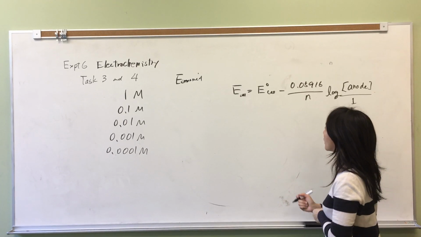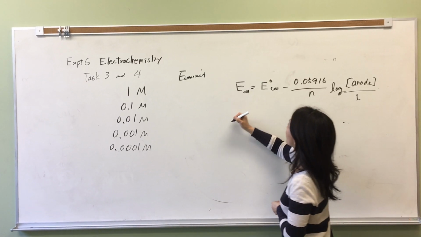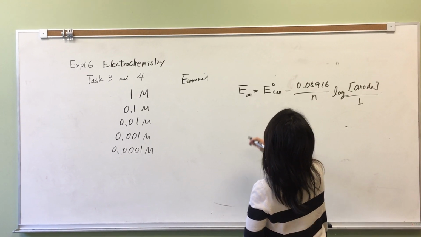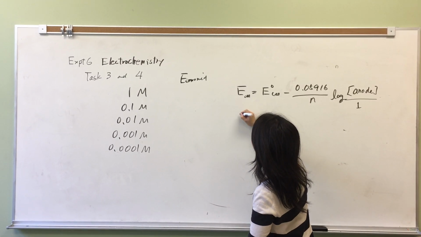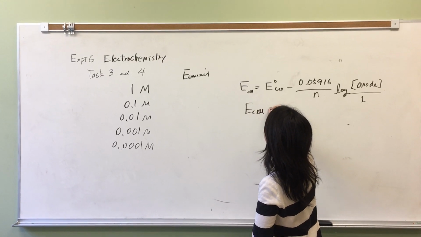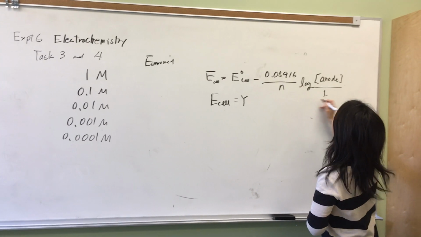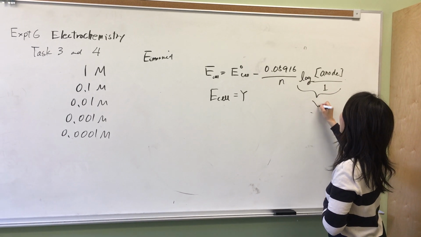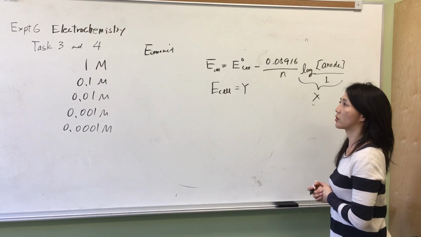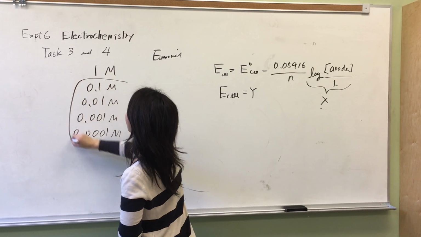So for the copper, first you're going to make the graph between the E cell, that's your Y, and the X is the log of your anode concentration.